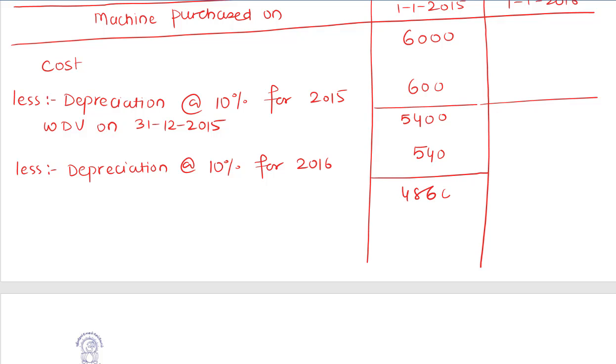This would be 4,860, WDV on 31st December 2016.